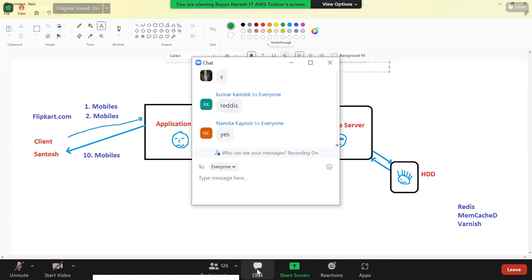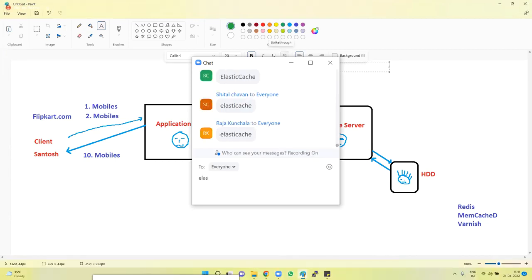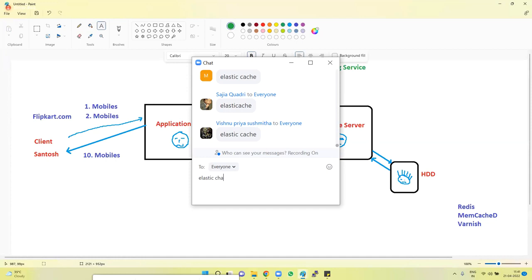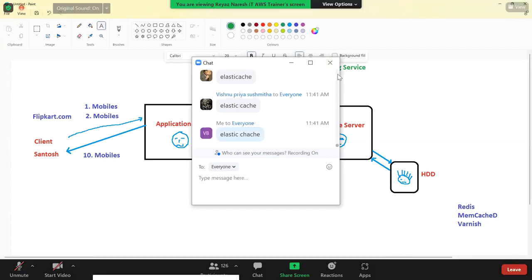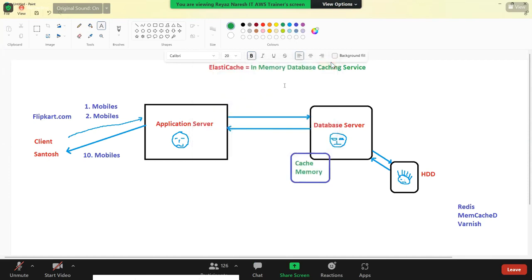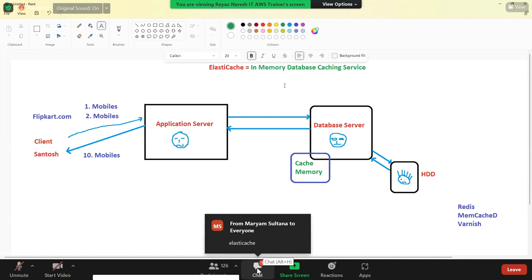And what is this used for? Yes, the one we have discussed. It is an in-memory database caching service. Write down this phrase: in-memory database caching service.